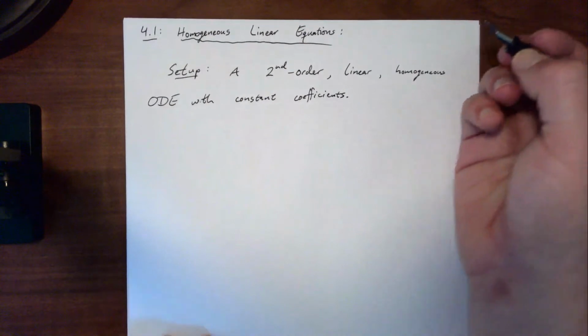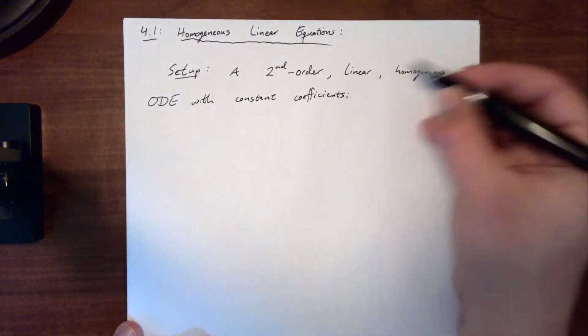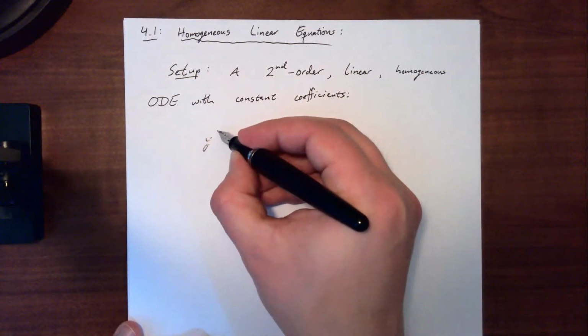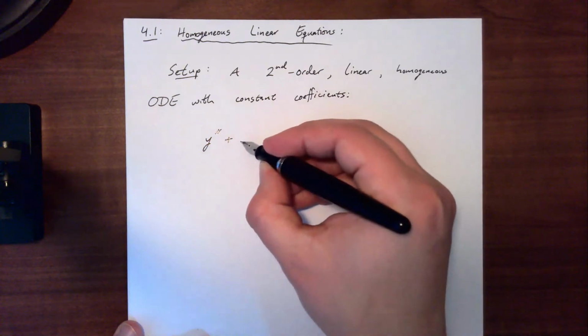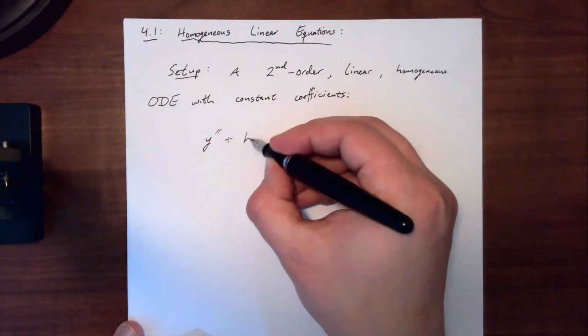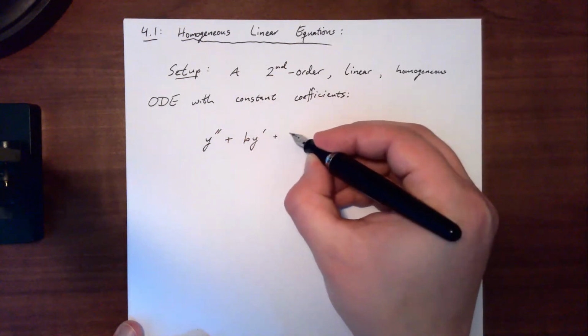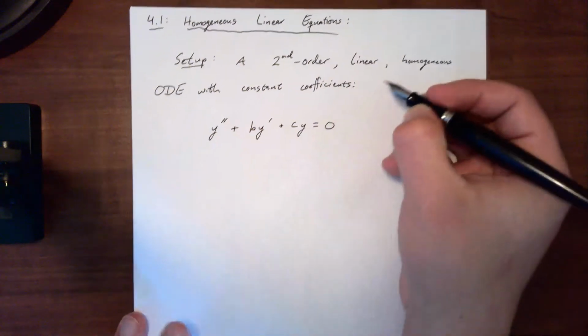So in particular, let's just say we are talking about y double prime plus, and we can just say here b y prime plus c y equals 0.